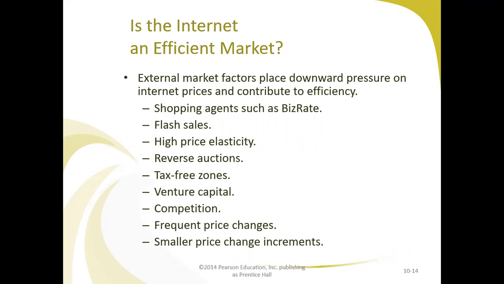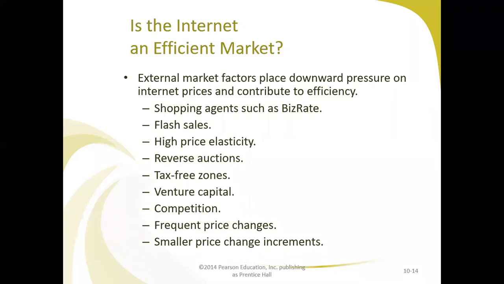Next, frequent price changes. The online market experiences more frequent price changes than the offline market because of how things happen online. And you have always observed prices changing frequently: in 1 day, 2 days, within an hour, within a second.